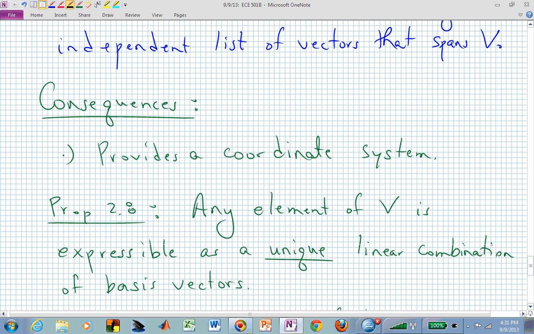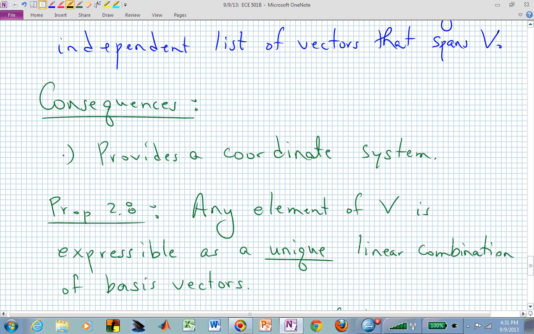If we have multiple bases for a particular vector space, then we can define different combinations of those vectors in the basis set that represent exactly the same point. So you can establish coordinates or combinations of your basis, and what those coordinate values represent is dependent on the basis set that you've started with.